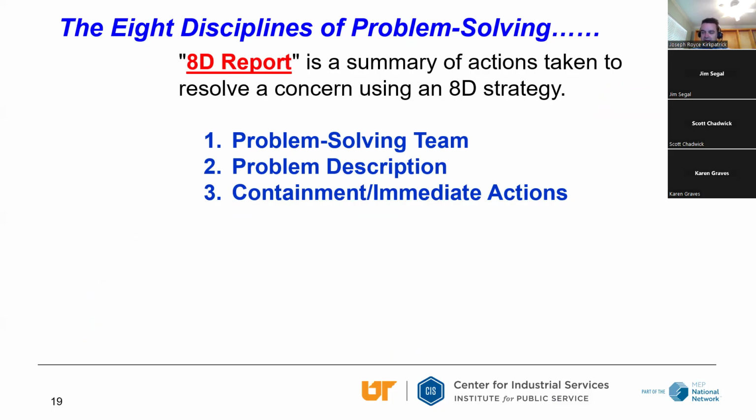And when we say containment, most 8Ds and problem solving forms just say containment at this step. That doesn't necessarily just mean product containment. That's containing, that's putting the Band-Aid on the problem. If it's not a product related problem, then we need to put a Band-Aid on whatever it was. We need to correct it.